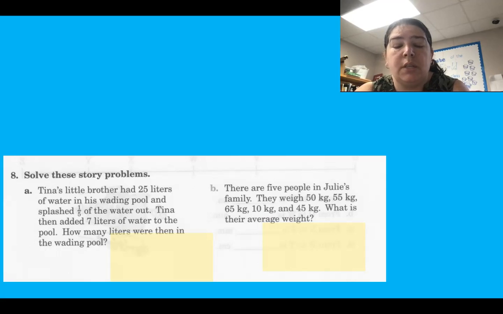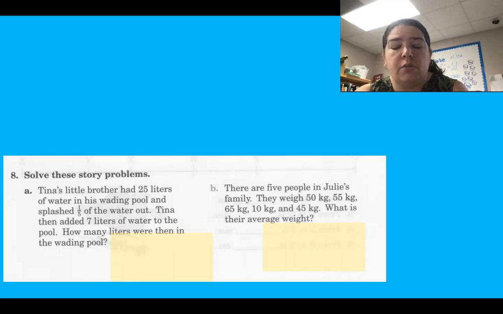Okay, the first thing we need to do is to find out what is 1/5 of the liters. There were 25 liters, okay, and 1/5 of that equals, good, 5 liters. So there was 5 liters splashed out of the pool. Now they want to know how many liters were left. If we had 25 liters and 5 splashed out, how many were left? 20 liters.